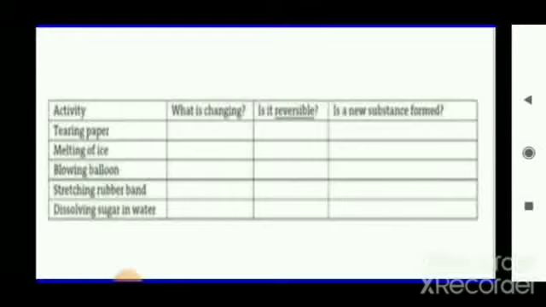Clear? Have you understood what is reversible and what is irreversible? Reversible is that which can return to its original state or situation. Okay? But irreversible is what? Irreversible is that which cannot be reversed or cannot return back to its original state. Okay? What is the example of reversible?